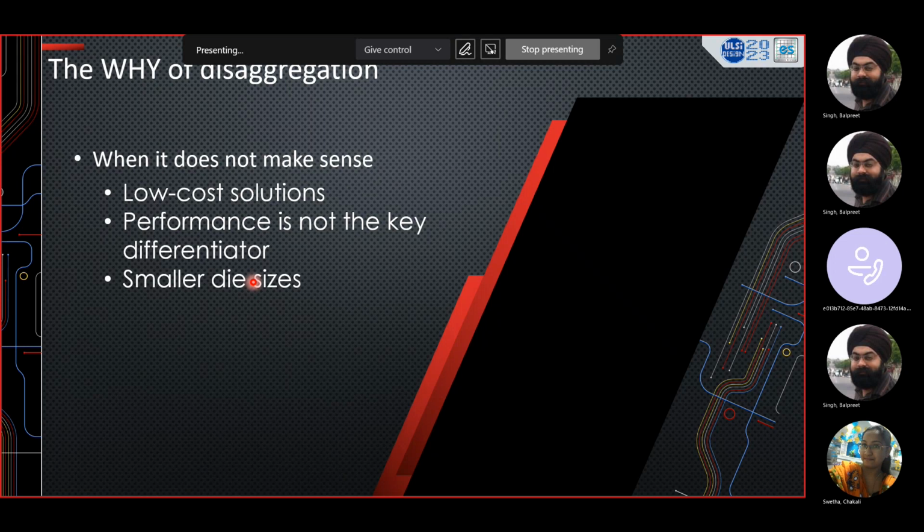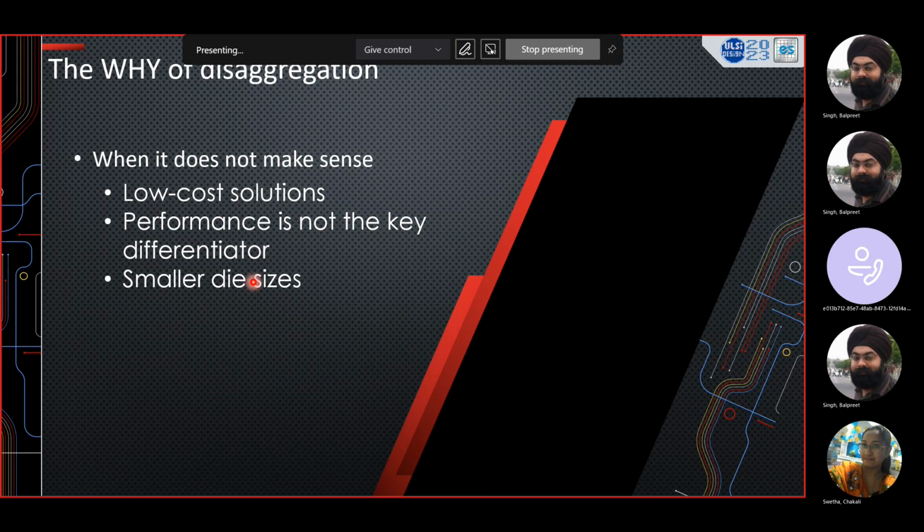Similarly, smaller die sizes. If your die size is already small, you don't have to pay the challenges we see with higher die sizes. One of the pros was that when you go for smaller die sizes, you can get better yields.